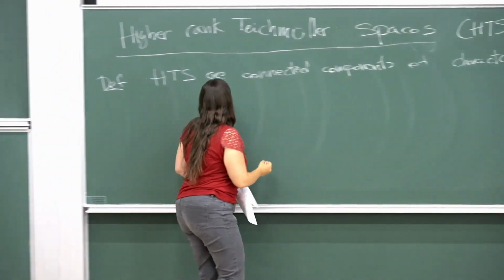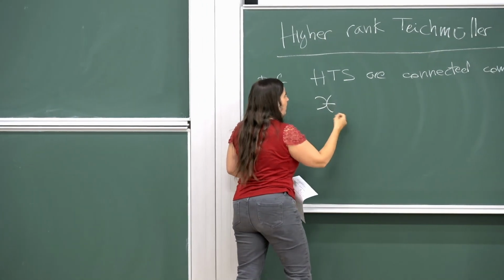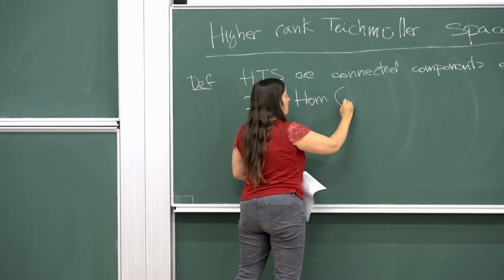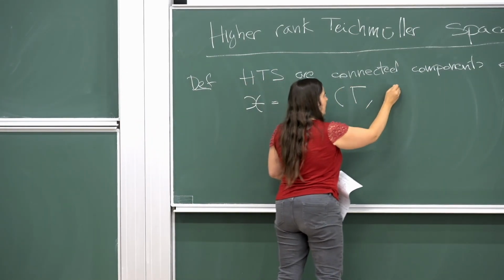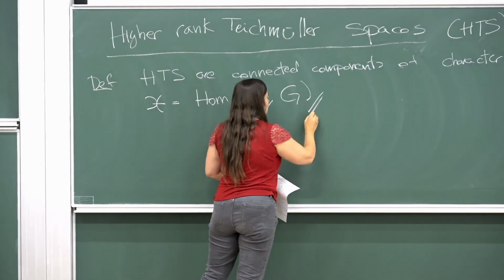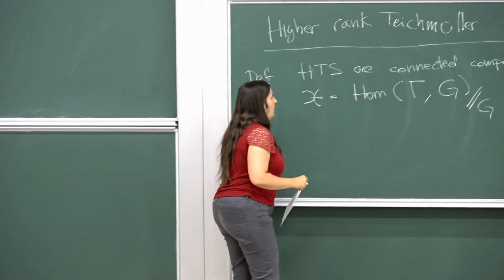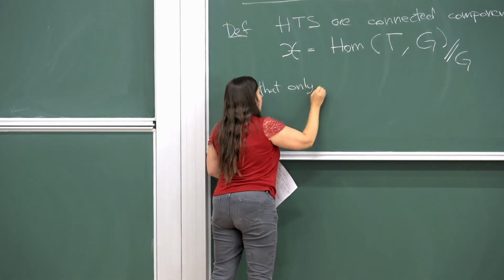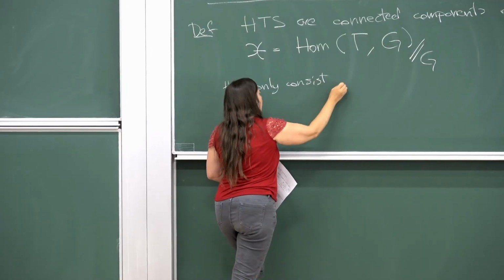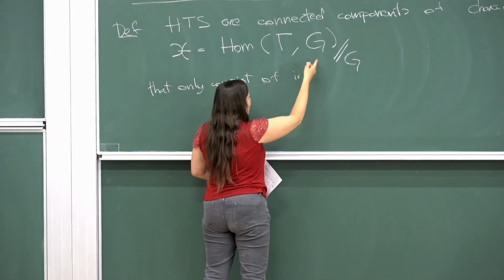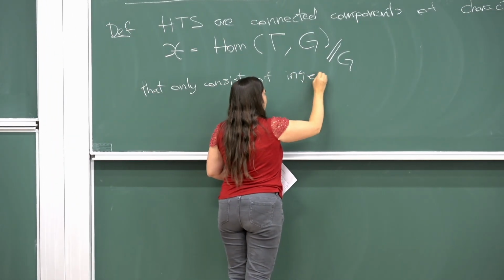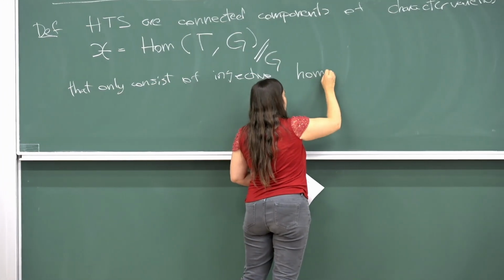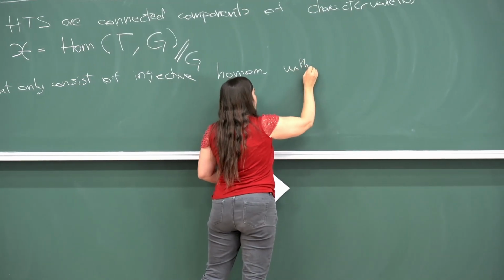Let me write chi for a character variety, which will be the quotient of the set of homomorphisms from a group gamma, that I'm going to specify in a bit, to another group G, up to G conjugation, that only consist of injective, or conjugacy classes of injective, homomorphisms with discrete image.